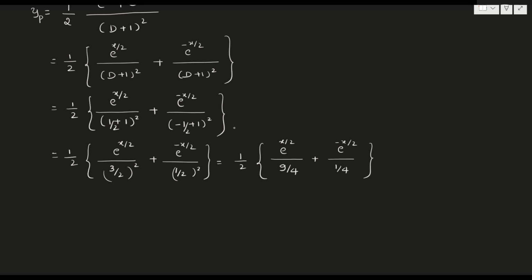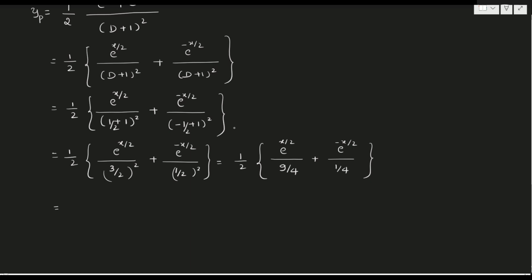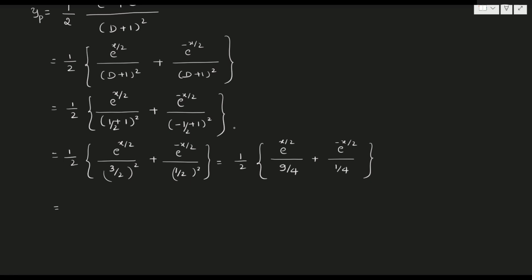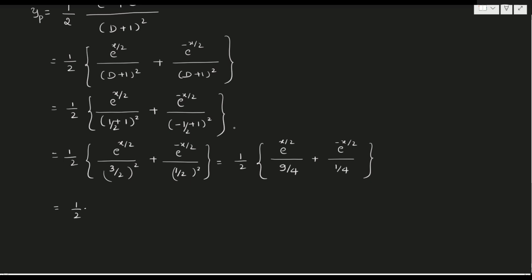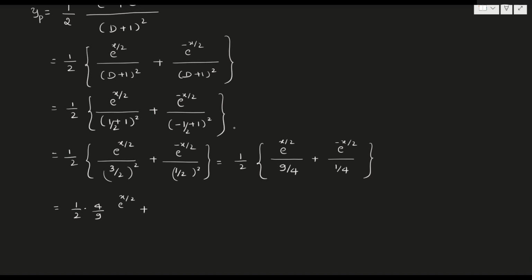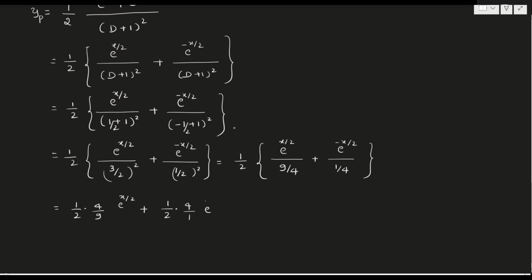Now take 1 by 2 inside the bracket and multiply it to both the terms. For the first term, 1 by 2 into the denominator 9 by 4, I write it as 4 by 9, e raised to x by 2, plus again 1 by 2 into 4 by 1 into e raised to minus x by 2.